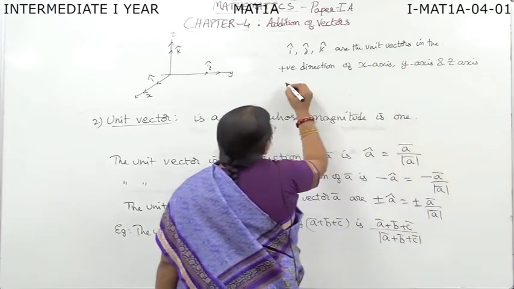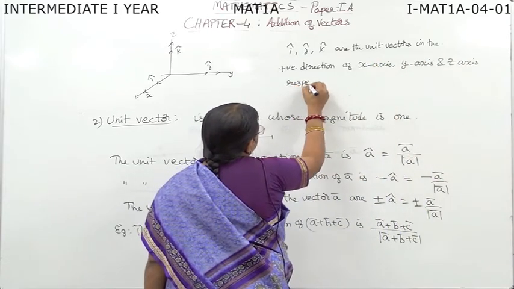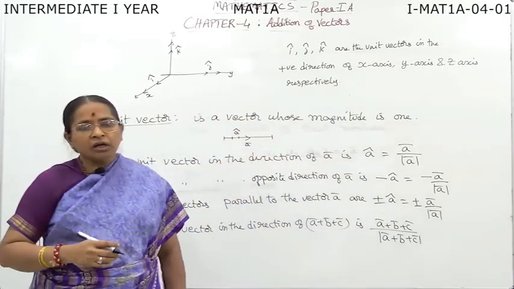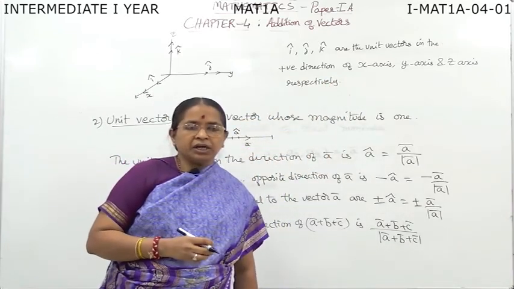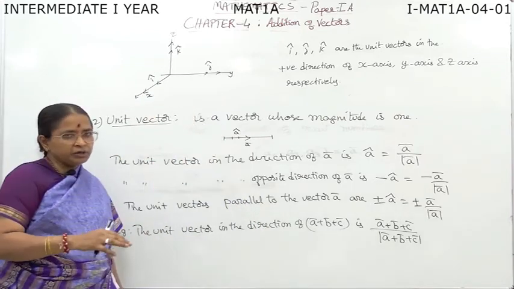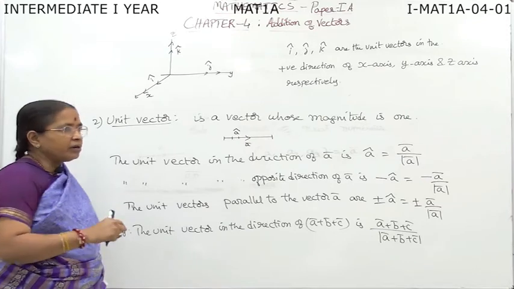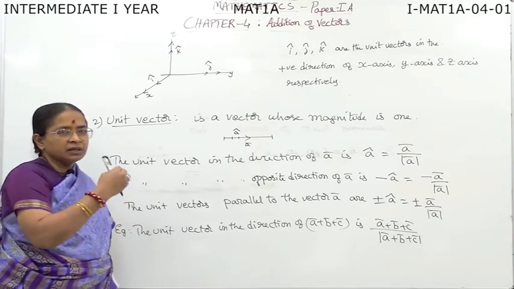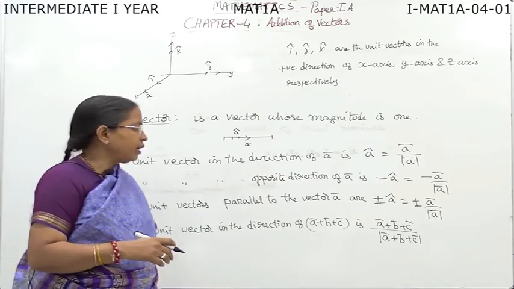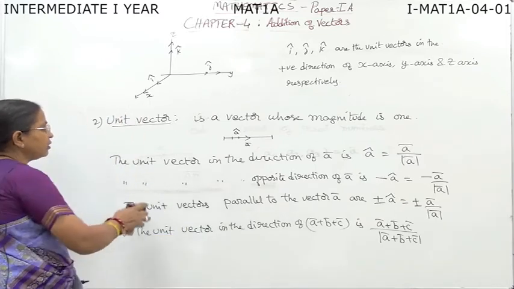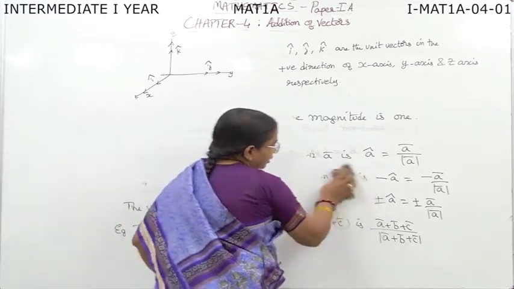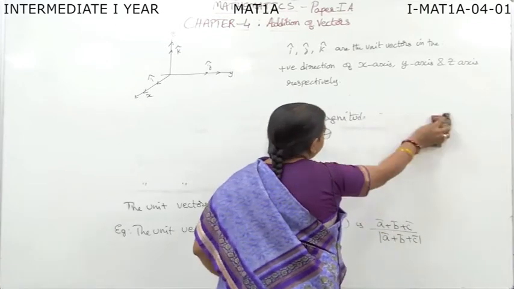A unit vector is a vector whose magnitude is 1. That is the definition. But we'll be finding the unit vectors in the direction of A, in the opposite direction of A, and then unit vectors parallel to the vector A, like that. So this is all about the unit vector.